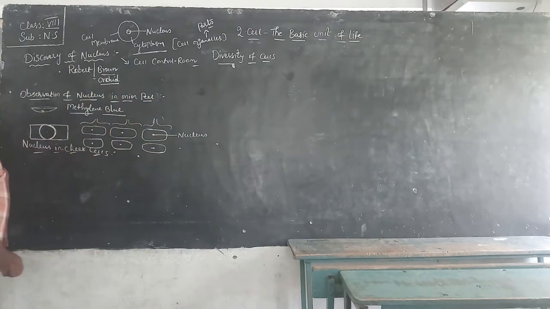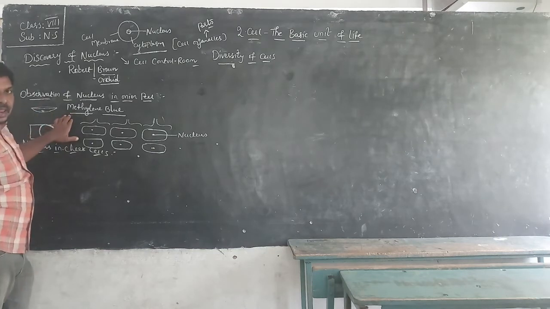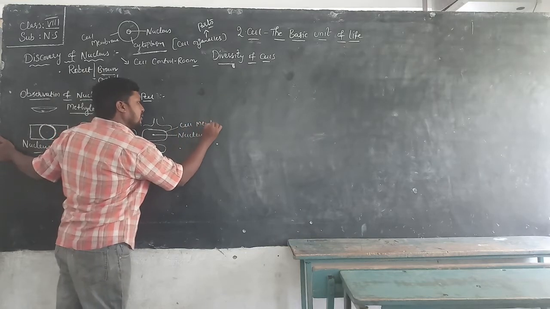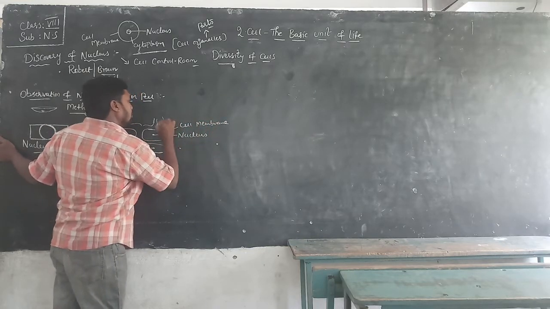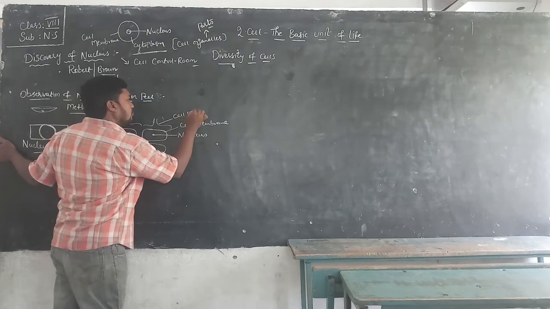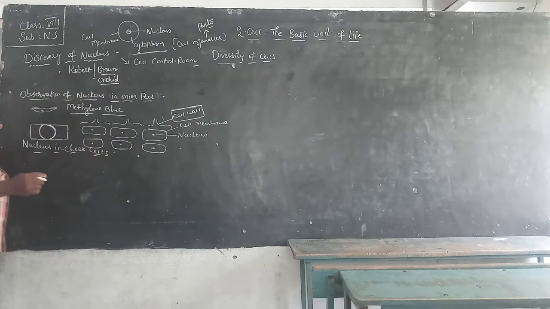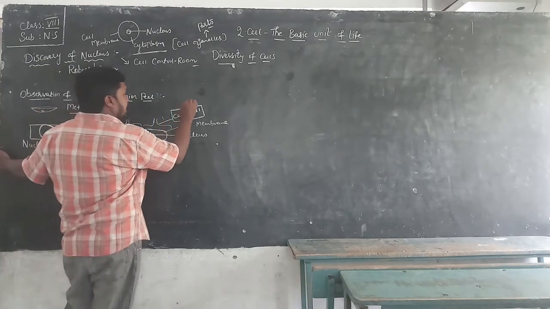It is called the nucleus. And if you observe, onion peel is a plant cell, no? We can find cell membrane and we can find cell wall. What is the cell wall? In plant cells, we can find another extra layer, that is called the cell wall.